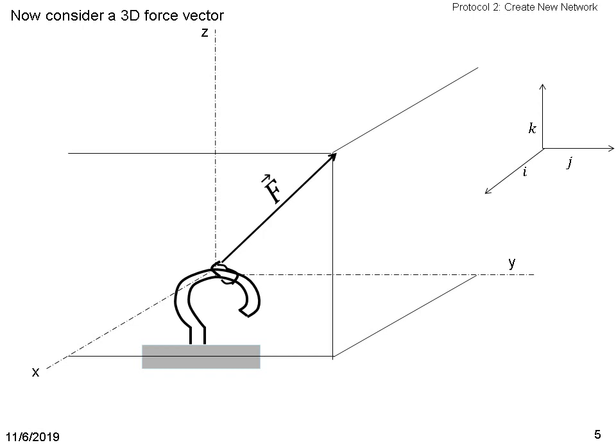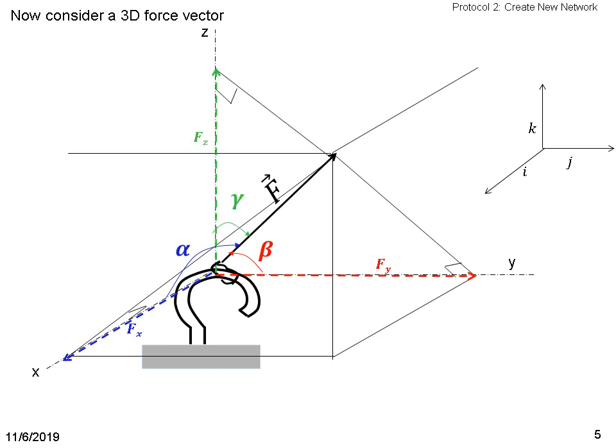Now we extend this idea to a three-dimensional vector. Consider a force acting on a hook, which is acting at angles alpha, beta, and gamma respectively from the x, y, and z axes, as demonstrated.